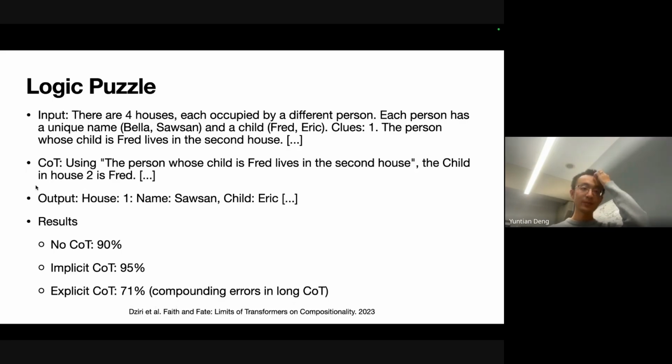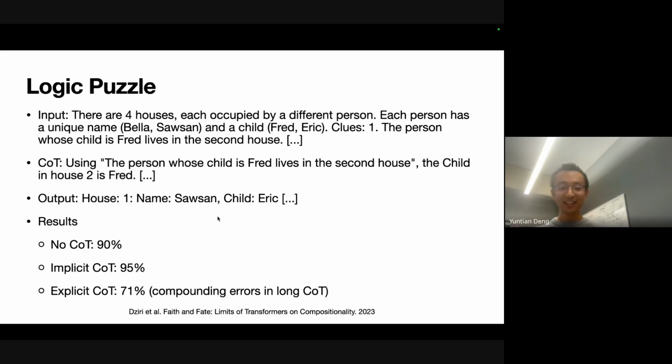So the chain of thought is basically like, using this clue, we can get this conclusion, and using that clue, we can get that conclusion. And finally, the output of the model is supposed to be which person is residing in which house, which child is which person's child.